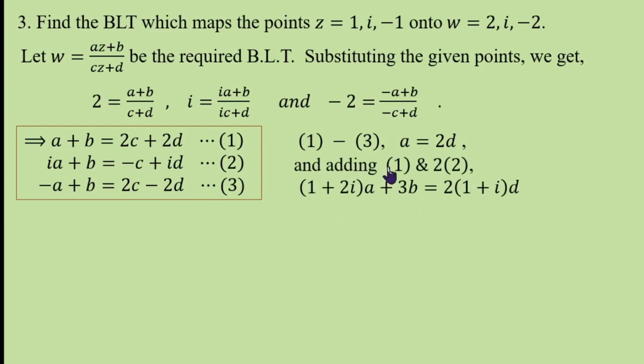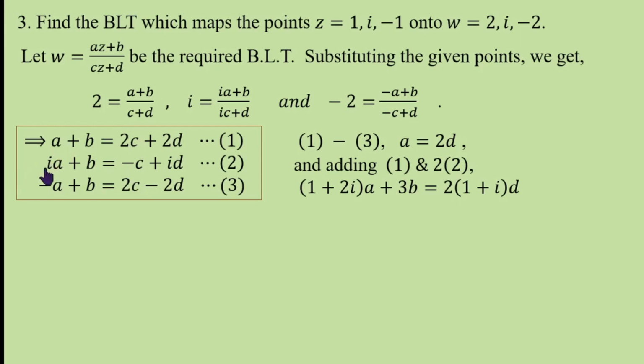And adding 1 and 2 times the second, because I want the equation involving three variables, either a, b, c or a, b, d or b, c, d. Here, adding 1 and 2 times the second, c cancels.